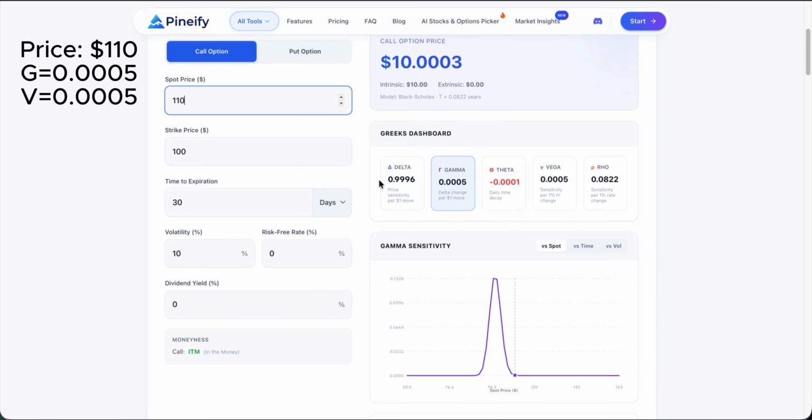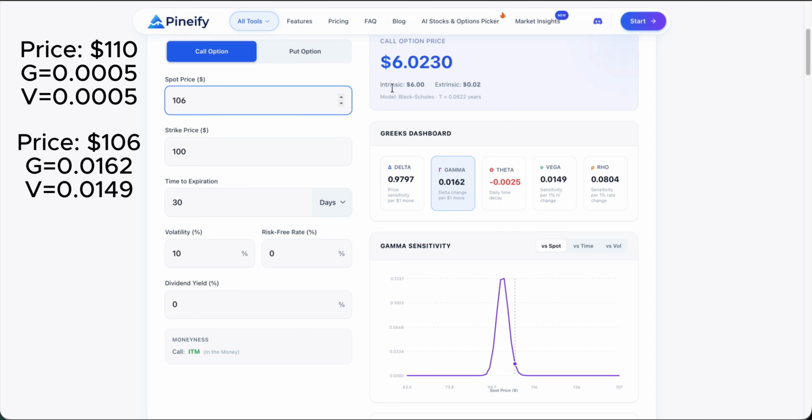Now, if we go towards ATM, from 110 to 106, you will see that both the Gamma and the Vega start to rise. At this point the shift is still slight for both, but you can see that the increase will be much more significant as we move to the at-the-money price.